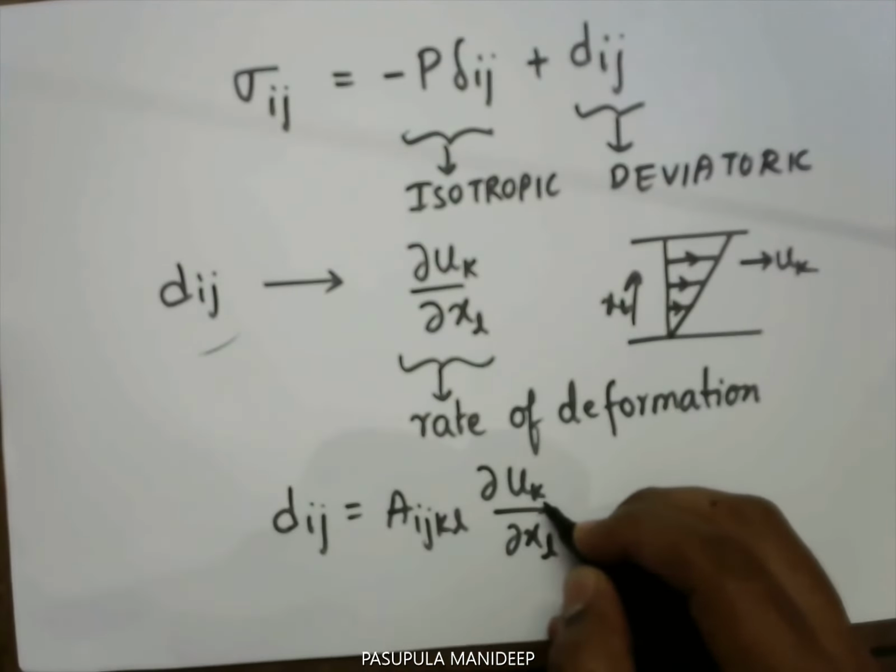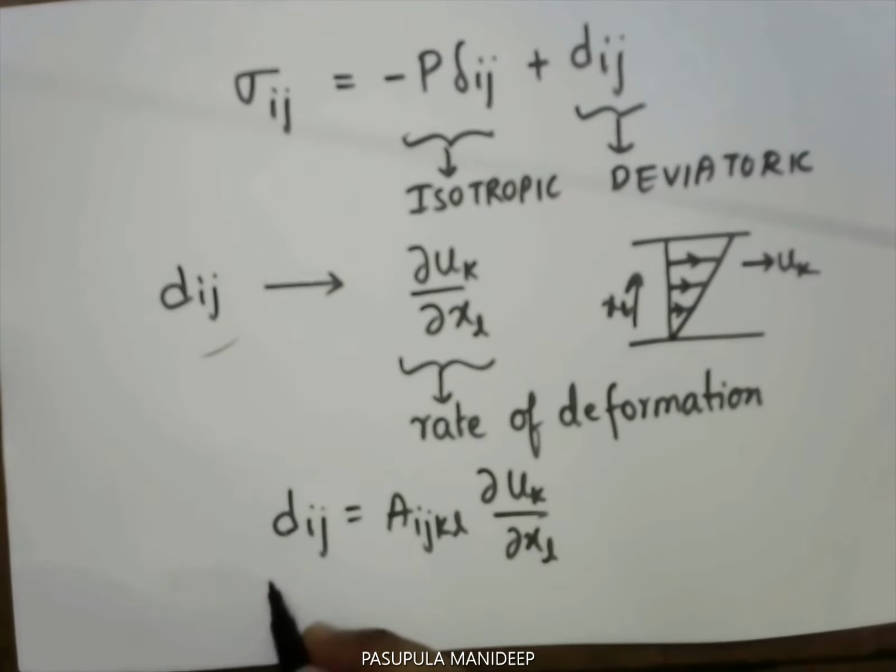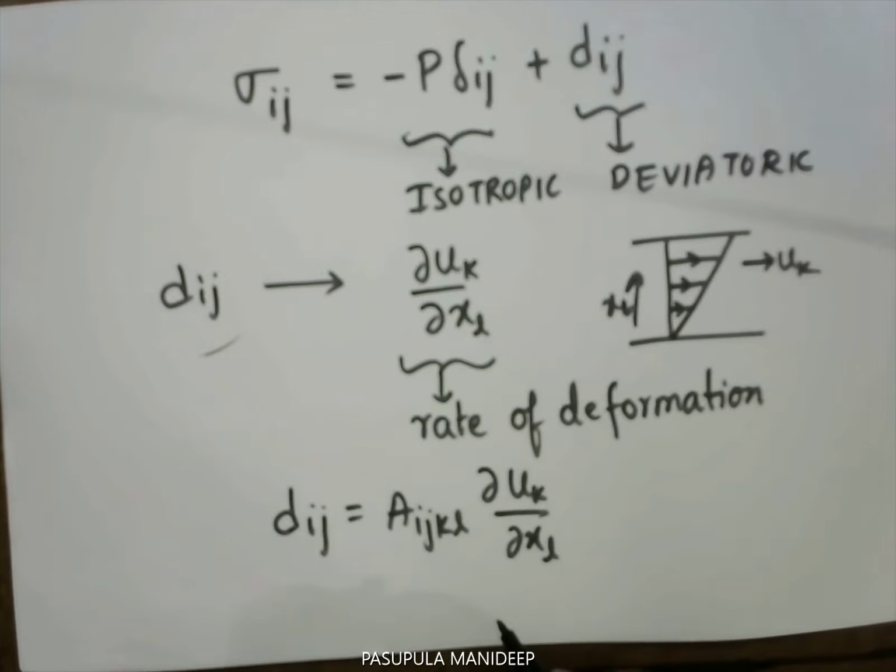That's why I took the indices as k and l. So d is a second order tensor, del u_k by del x_l is a second order tensor, and A is the fourth order tensor. To equate these we take the inner product, which gives a second order tensor, so the order is matched.